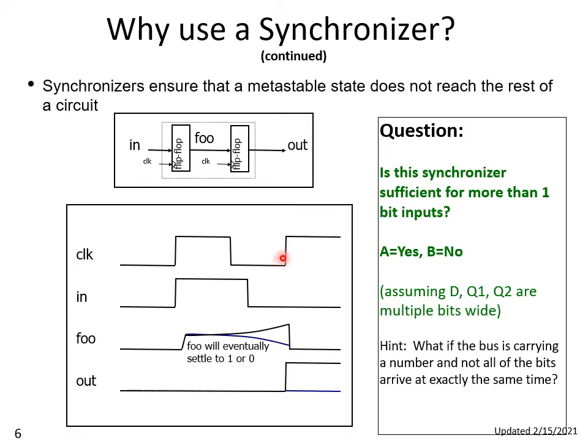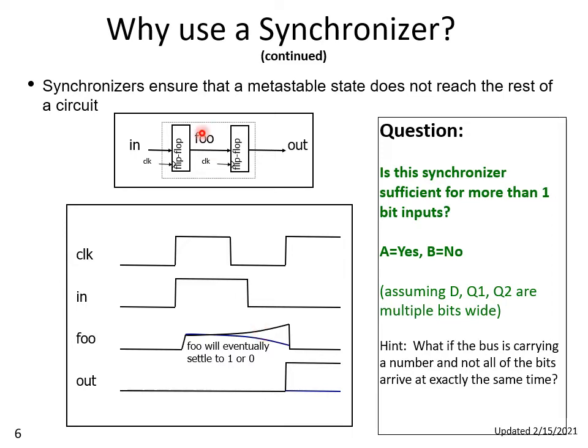And at the next clock edge, whatever value is at the input will get cleanly captured. So here in is a 0, we hit the clock edge, the 0 gets latched by the first flip-flop. So it's just during this one clock cycle that the first flip-flop is metastable and settles out randomly.